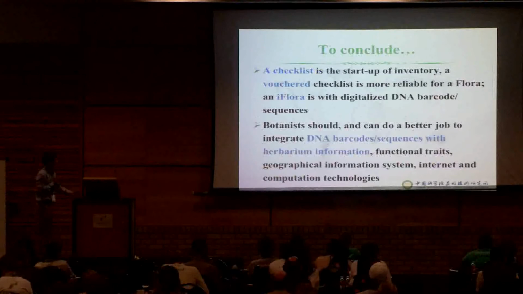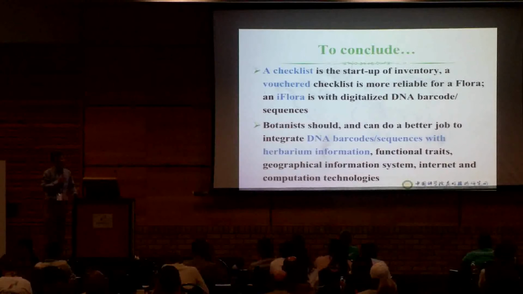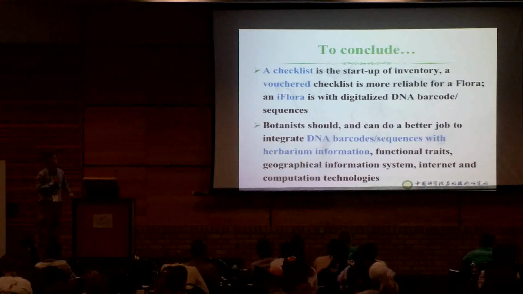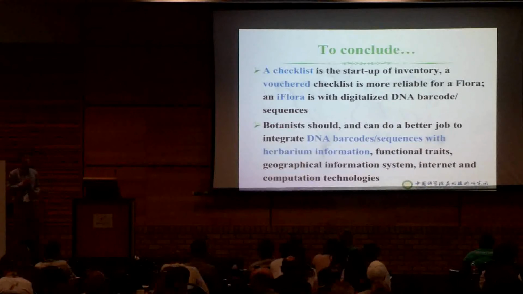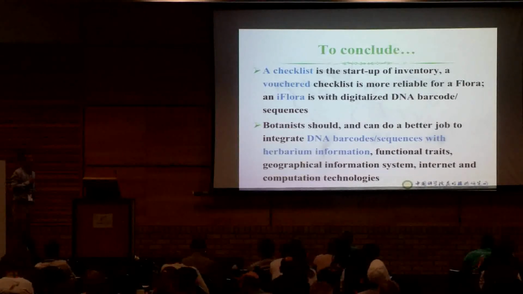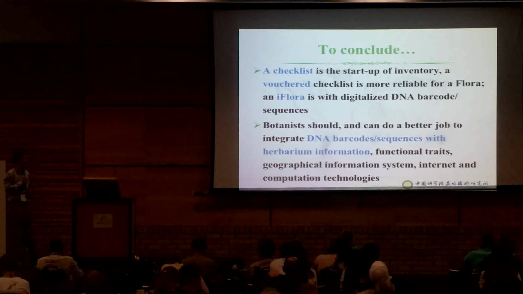So to conclude, I think if we are doing inventory, a checklist will be the starting point. But a virtual checklist is much better because you can trace it, going back to the Herbarium to look at the specimen. But if you have the checklist also tagged with a digitalized DNA barcode or DNA sequences, I think there will be much more information, much better than a single Herbarium specimen, particularly the older specimens.